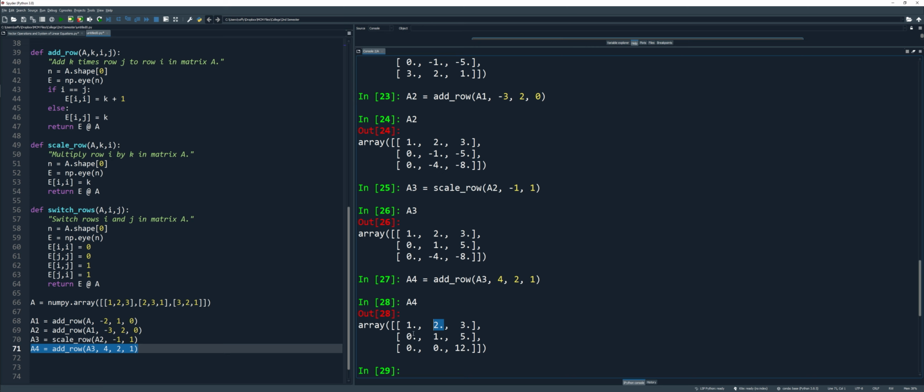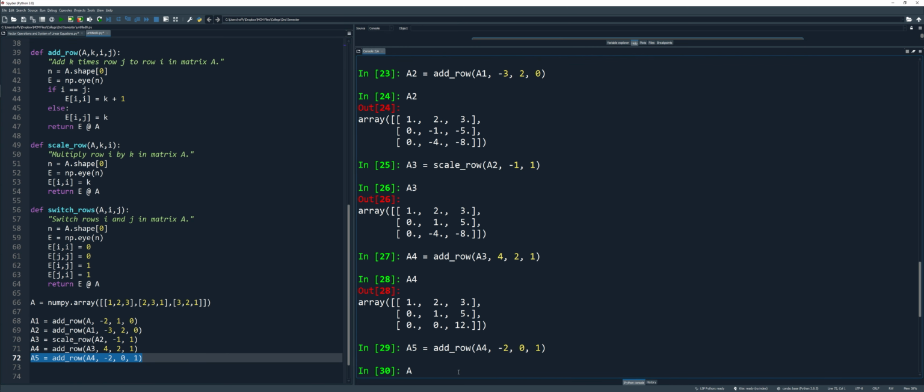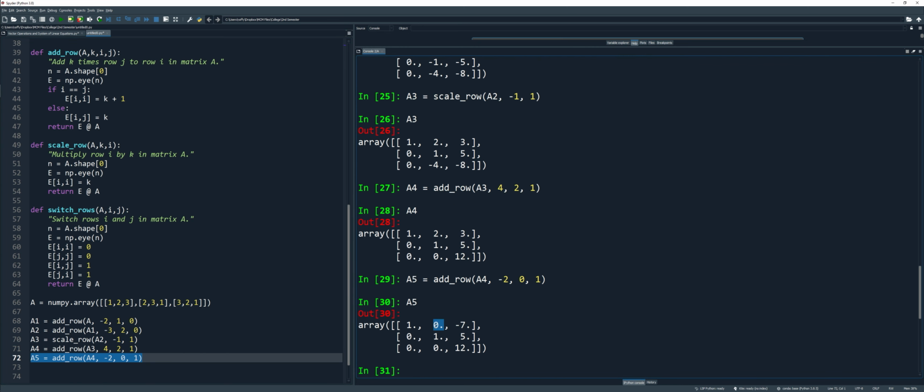Let's also change this one to 0. So I'll now create a new matrix and use the add row function. Use A4. And for the value of k, it's negative 2 because this is positive 2. So for my I, it's row 0 and I'll use row 1. So run, check A5. So it's already 0.